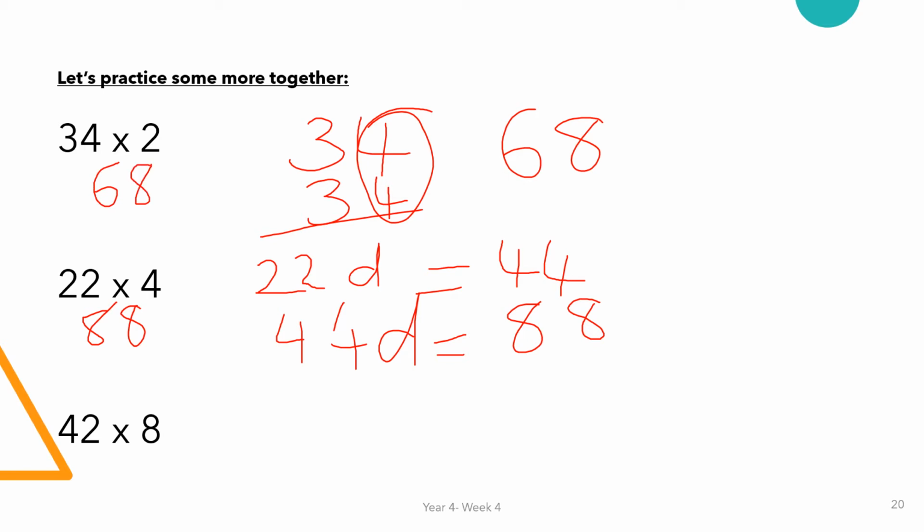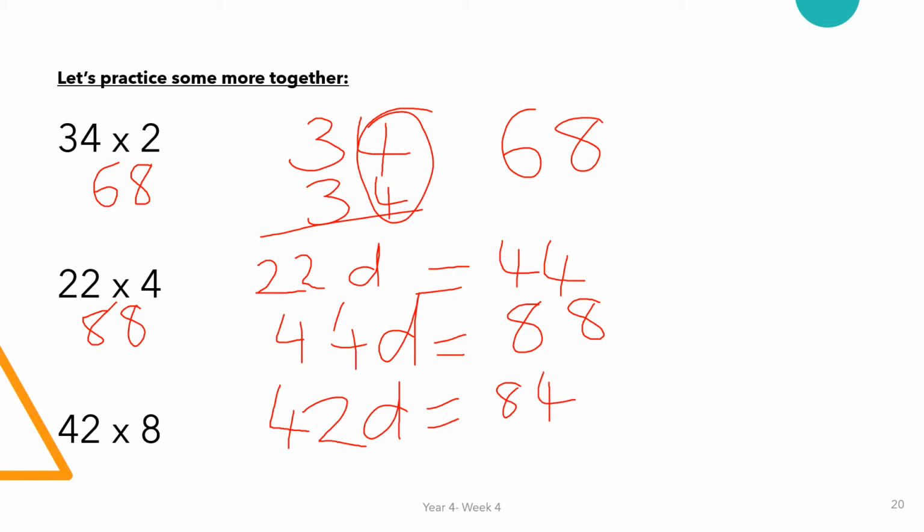Now we're going to do 42 multiplied by 8. Here we're going to double, double, and then double again. 42 doubled would equal, so we look at the tens, double 4 is 8, double 2 is 4, so we would have 84.